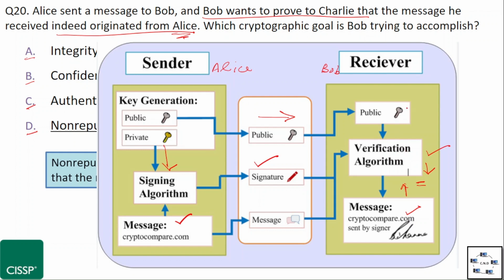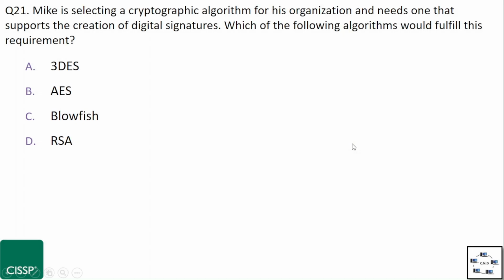Why? Because only Alice's public key can decrypt a message that is encrypted by Alice's private key, and since Alice's private key is only with Alice, it is Alice who sent the message.